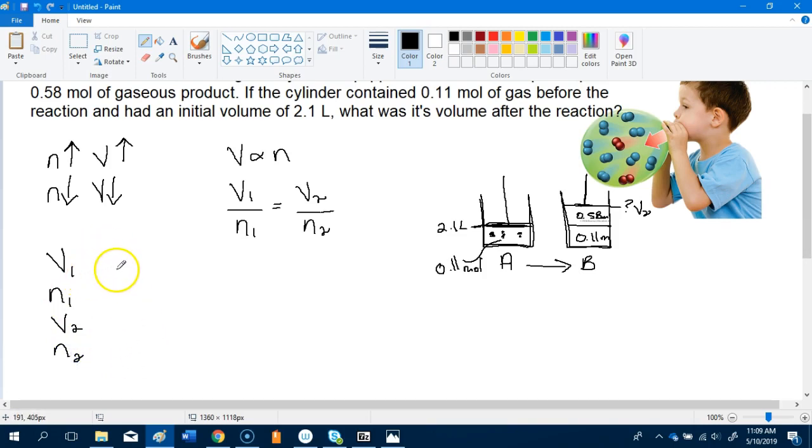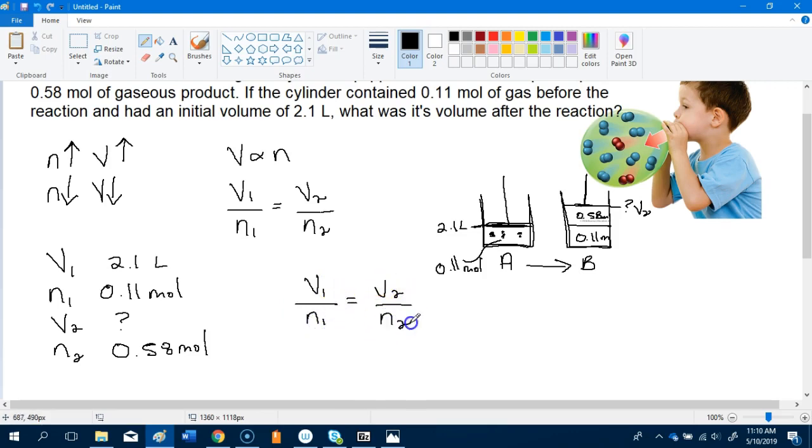V1 in this case is our starting volume of 2.1 liters, at 0.11 moles of gas that we start out with. We're looking for our second volume when we produce 0.58 moles of gas. So we're going to use our relationship V1 over N1 equals V2 over N2.